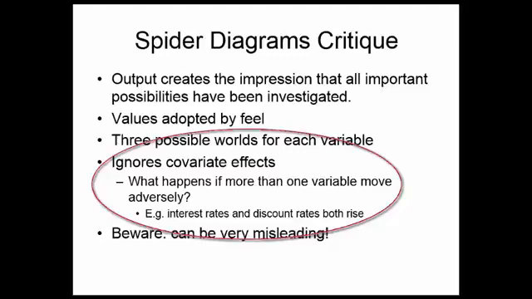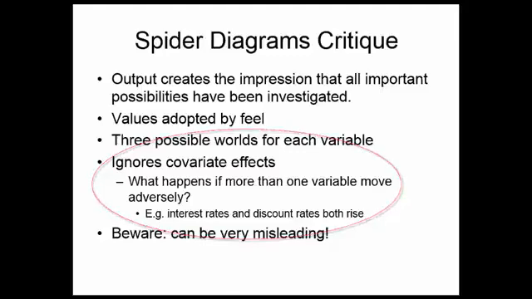Again, the same problem that we had with the sensitivity analysis, because although we may have this cluster of dots on our chart, that is only if all of the other variables remain totally as we predicted. However, if more than one of them moves, either adversely or positively for us, the resultant impact on net present value can be quite alarmingly high or low. It basically blows it out of the water.